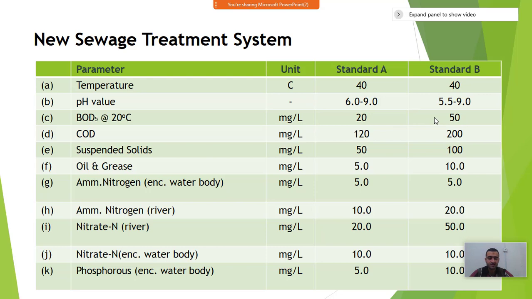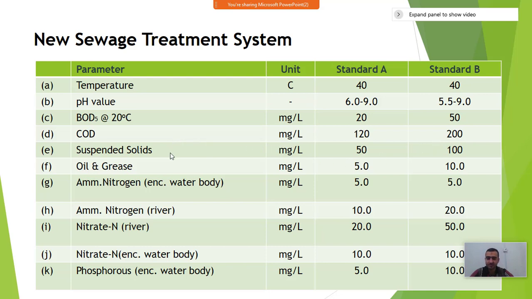So you can notice that standard B is lower quality. It depends on the place that it's going to be discharged. Same goes for COD. COD for standard A is 120, while for standard B is 200. So that makes standard A higher quality and standard B lower quality.